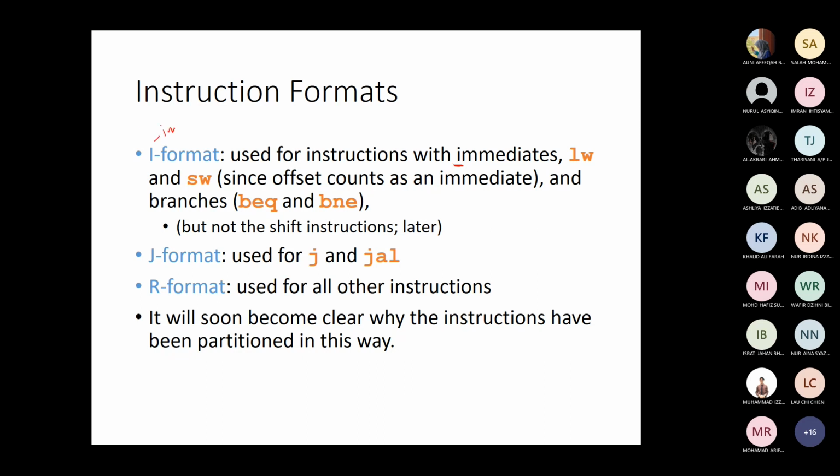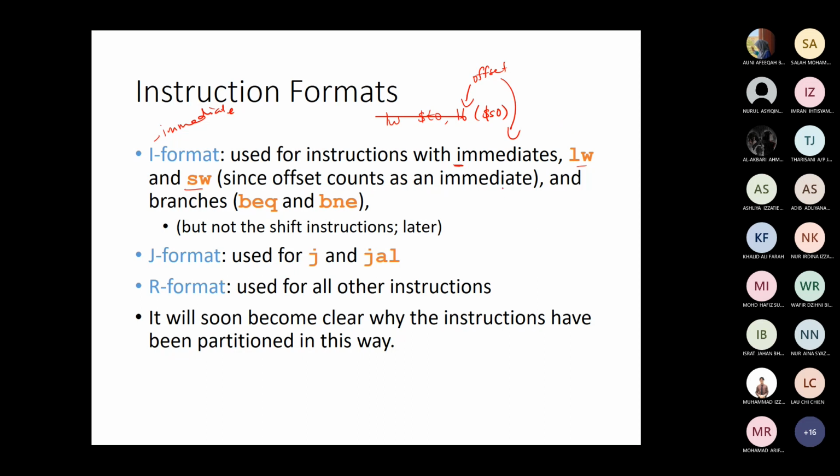And it is also used for load word and store word, since an offset counts as an immediate. Remember when I type load word register T0 16 and then register 0, right? So 16 here is an offset, and offset is also considered an immediate.